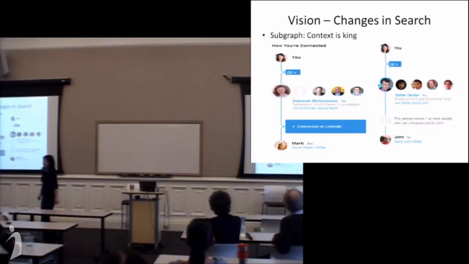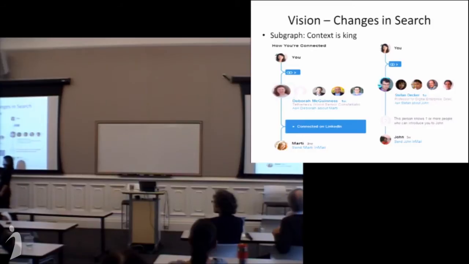Actually, before I came here, I did my homework. So I checked how I connect to Marti Hearst. I found from my LinkedIn that I have like 14 direct connections with her. So this is what? This is a subgraph between me and Marti, right? So if I want to know more information about Marti, I might ask some people I know, right?